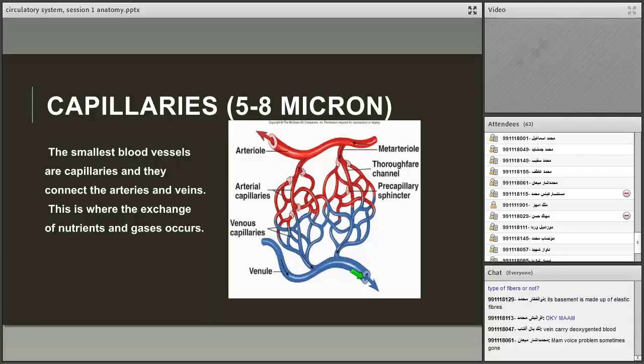So, we have deoxygenated blood in venous capillaries, and we have oxygenated, or oxygen-rich, blood in arterial capillaries.